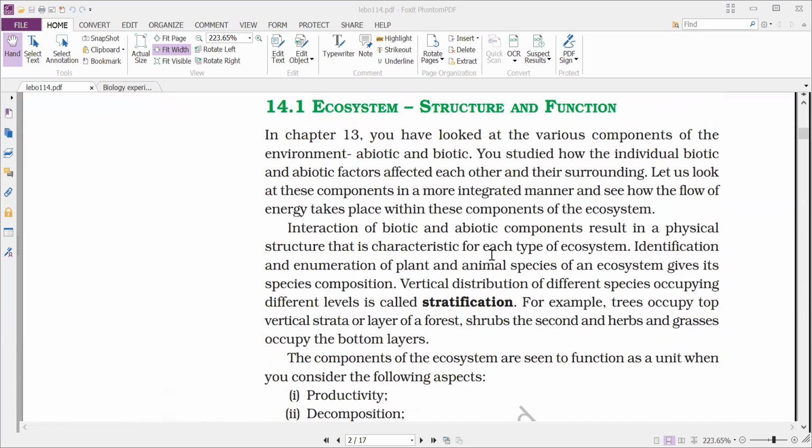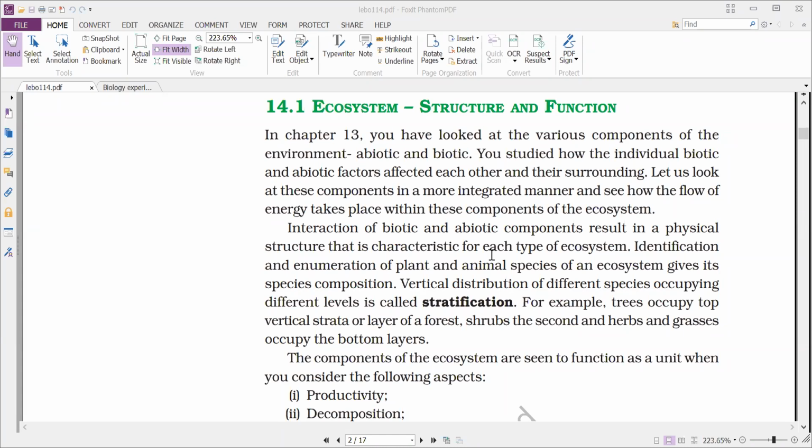So we'll go with the ecosystem structure and function. In the last chapter we have studied something. In chapter 13 you have looked at the various components of the environment, abiotic and biotic, and you studied how the individual biotic and abiotic factors affected each other and their surrounding. We discussed how temperature is affecting the organism, and how light is affecting, how water is affecting, how soil is affecting.